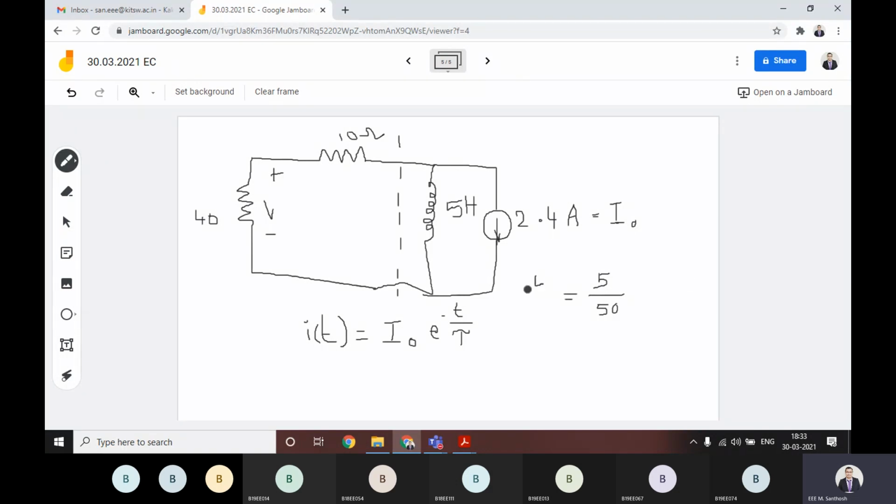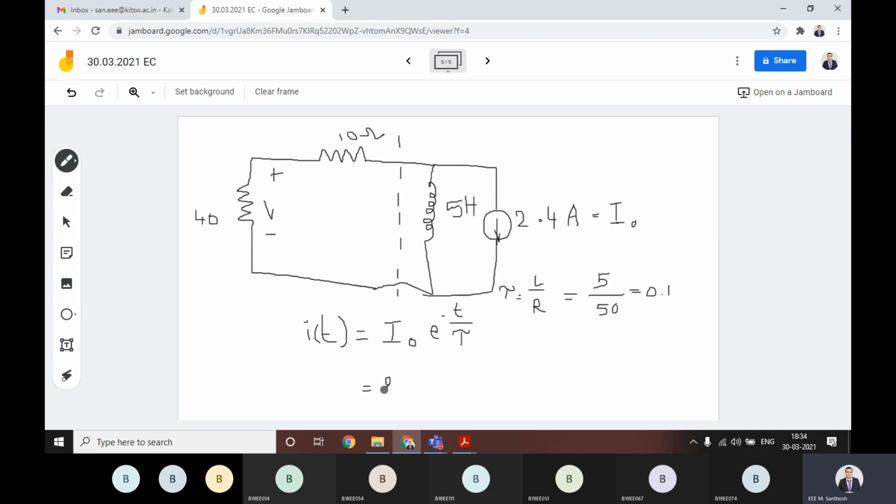As time constant for RL circuit, you know that value is equal to L by R. Simply like that we are calculating, right? How much is this value? Time constant value. You are getting around 0.1, right?